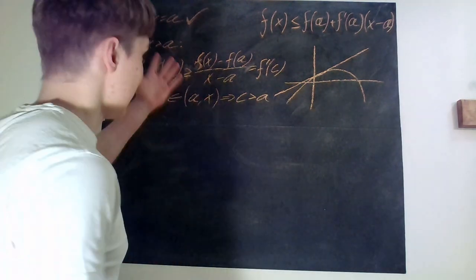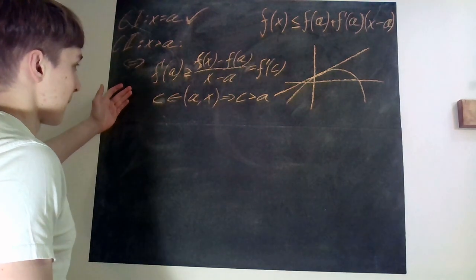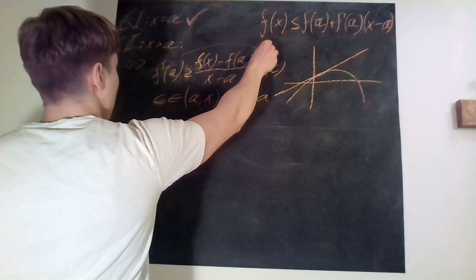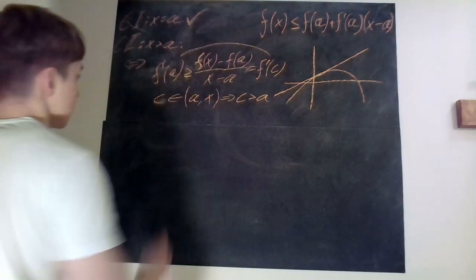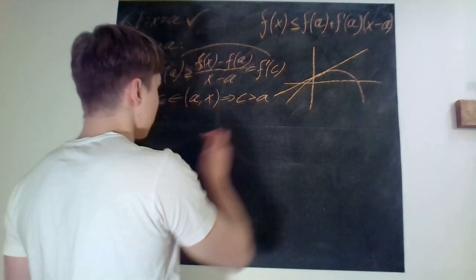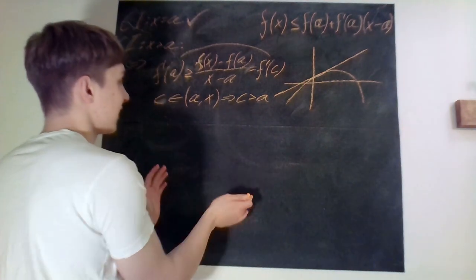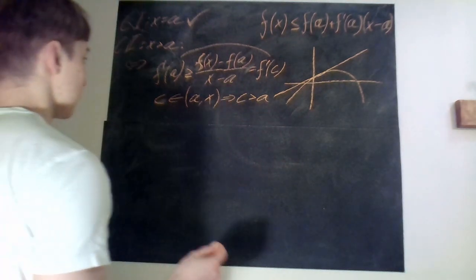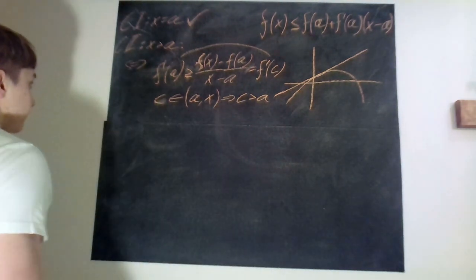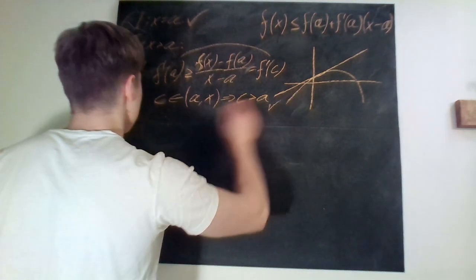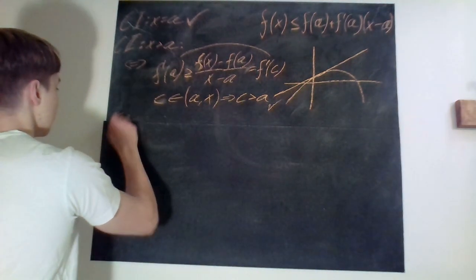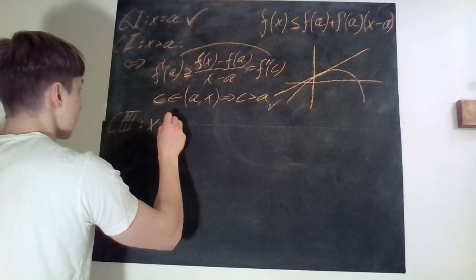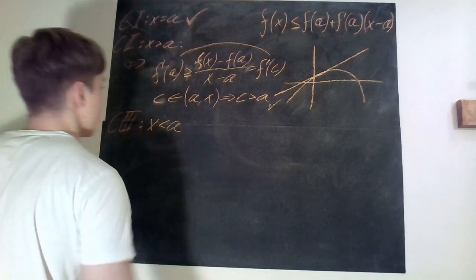And if f prime is decreasing, then that inequality holds, because if, as I said, c is greater than a, then f prime of c is of course less than f prime of a. So that is our second case, and then our third case is x is less than a.